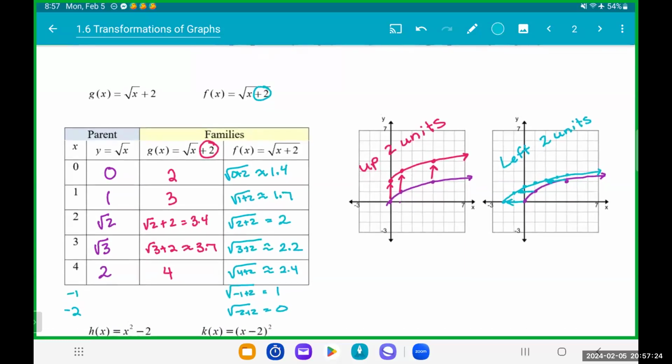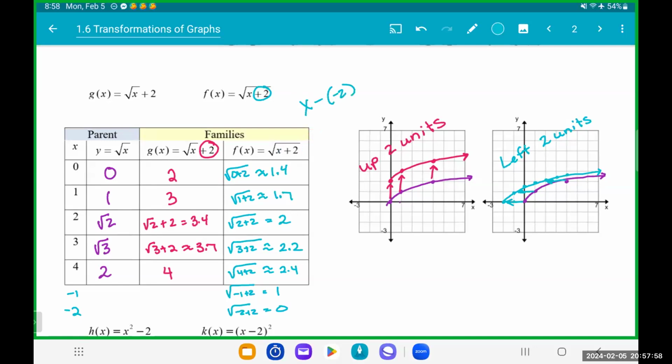So if I had known that my parent function is the purple one, would it not have been way easier to go, oh, this is +2, it's inside the function. That means I'm moving to my left, right? Because really, our standard function is x minus -2 because it's the minus.